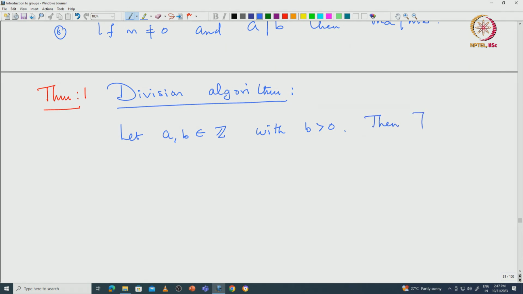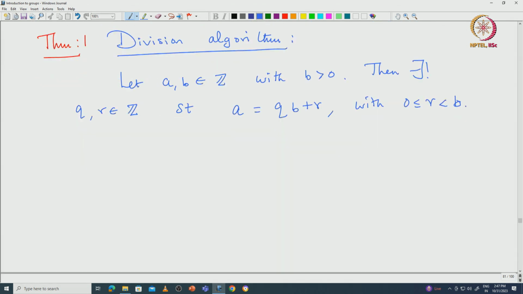So there exist unique q and r in Z such that a can be written as qb plus r with 0 less than or equal to r less than b. You divide a by b, then you get this quotient q and this remainder r. This is called the remainder and this is called the quotient.